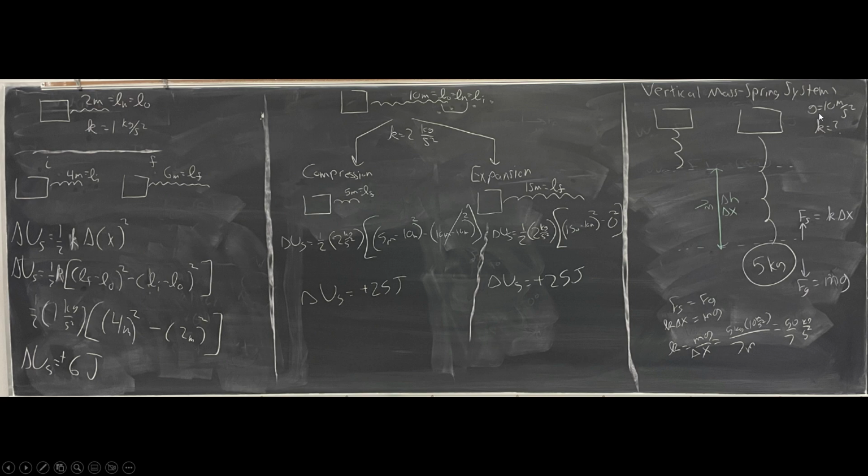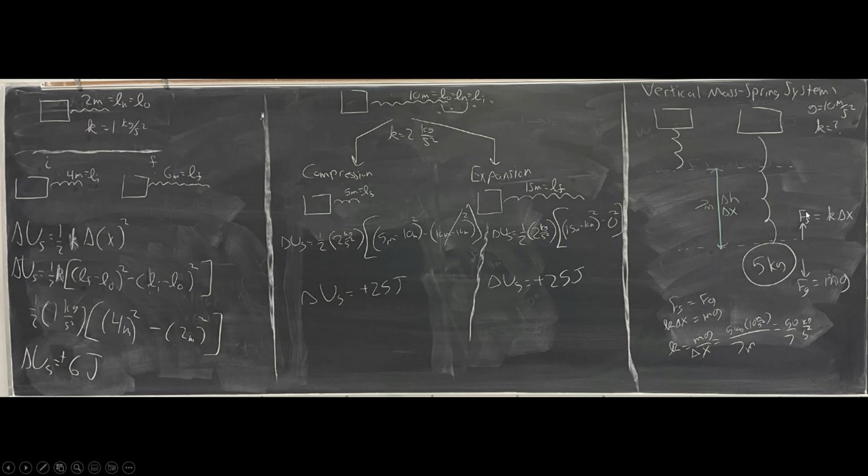Now we're going to say that g equals 10 meters per second squared, and we're asked to find out what our spring constant k equals. Well, what we first need to know is that, at this equilibrium position, the restoring force of the spring, F_s, that's trying to pull the spring back to its resting position, is completely canceled out by the force of gravity, the force that's keeping the mass pulled down.